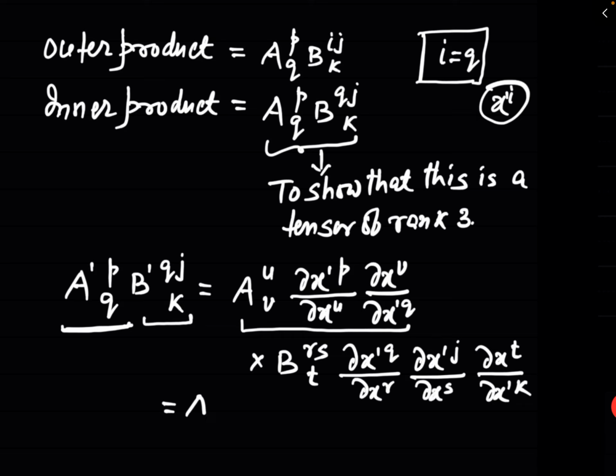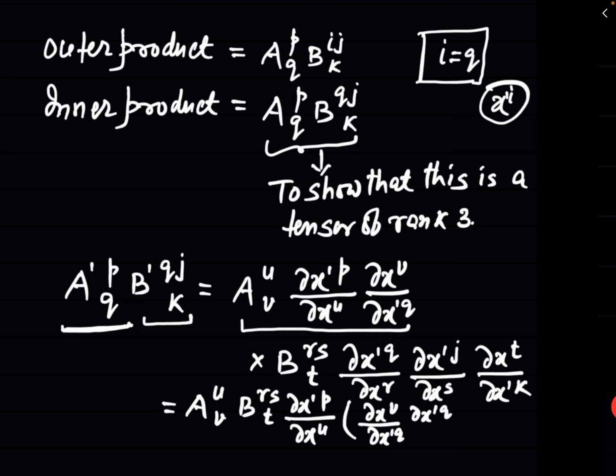You can see this will be A UV times B RST, and del x prime P by del XU, and del x V by del x prime Q, and del x prime Q by del XR.